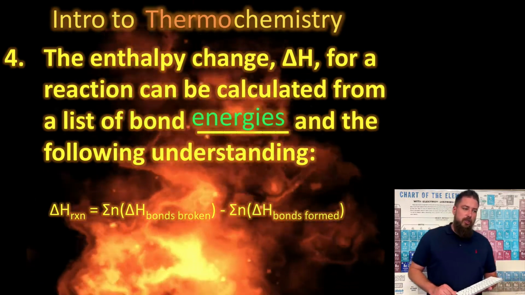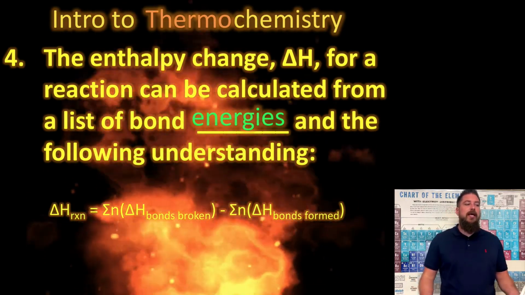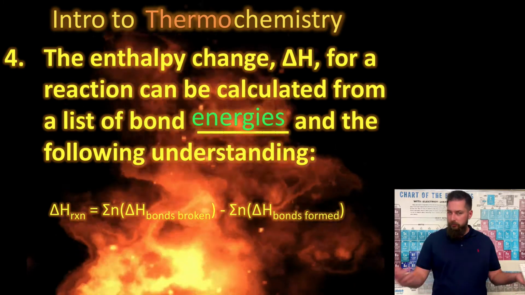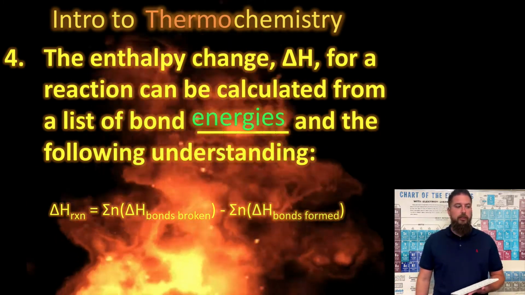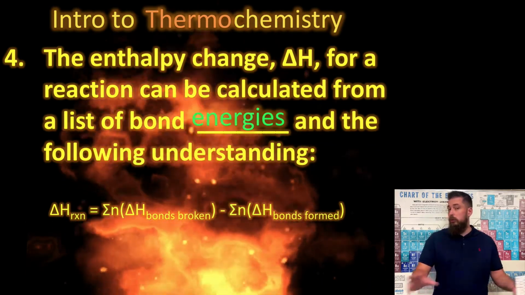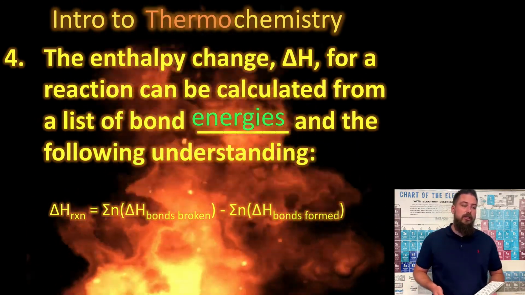So the enthalpy change, which is delta H, for a reaction can be calculated from a list of bond energies and the following equation on the bottom here. Now, I will go through some examples of how to calculate this.